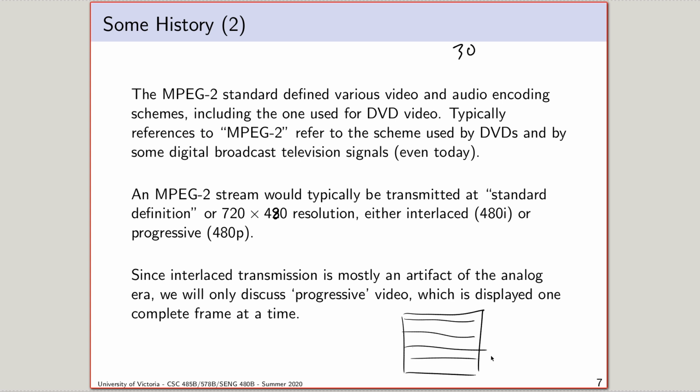Then a tiny amount of time later, 1/60th of a second, every alternating line is encoded. So these lines here are encoded into the same frame. And so what you'd end up with is actually two moments in time sequenced into the same frame of video: interlaced. The term interlaced means each line comes from a different moment in time.